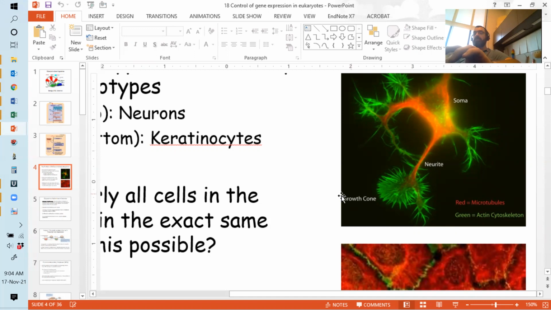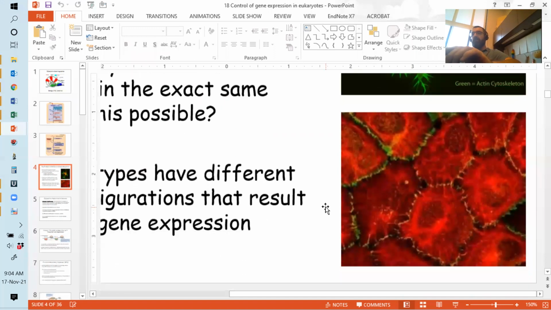Anyway, same proteins, now in very different cells. So these are, I think the word is squamous, which basically means flat and stuck together. And now you can see the same proteins. Now we have actin along the periphery of the cell.